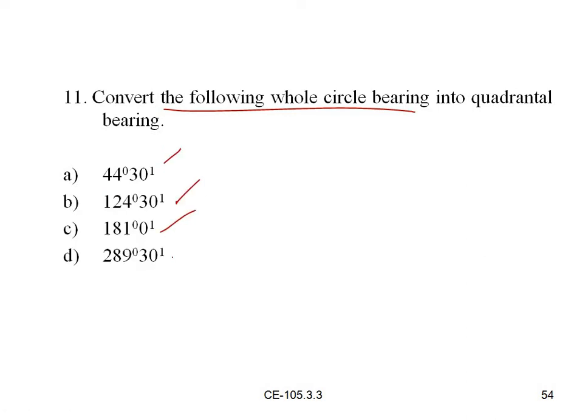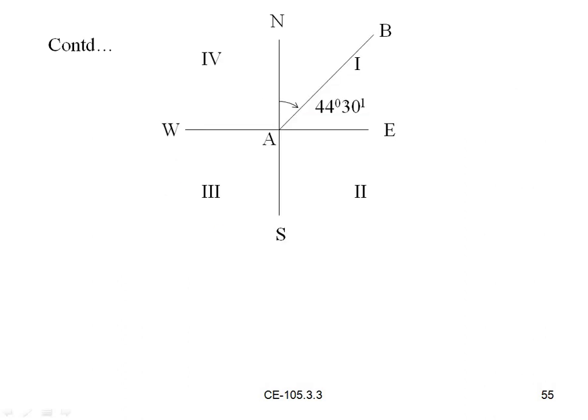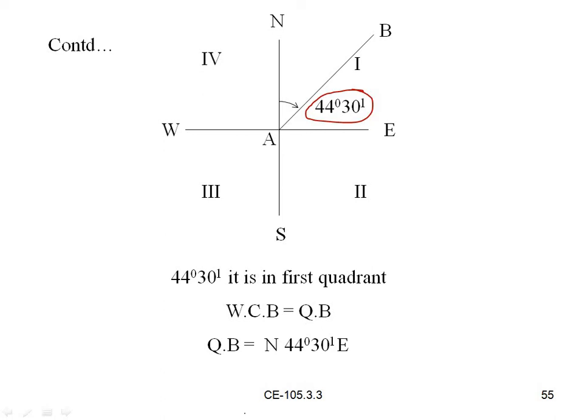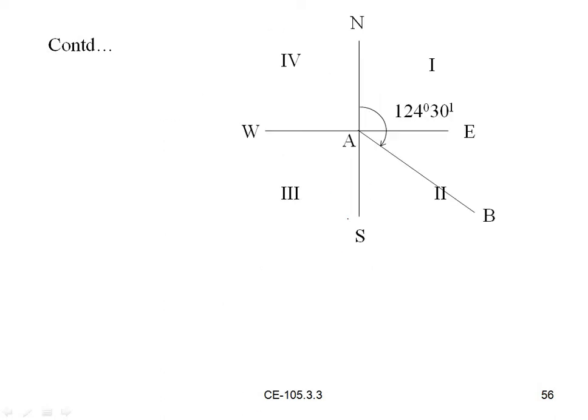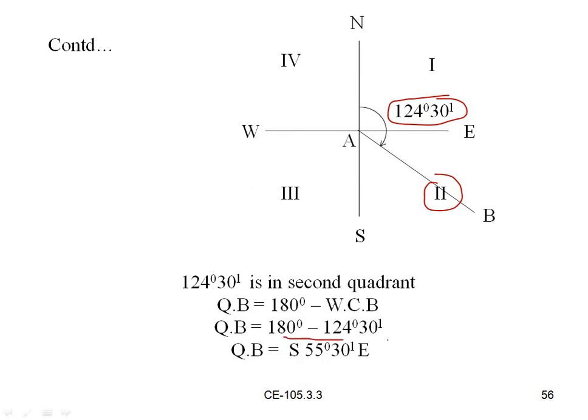So next one, 11th example: 44 degrees 30 minutes, 124 degrees 30 minutes, 181 degrees 0 minutes, 288 degrees 30 minutes. So here 44 degrees 30 minutes is called northeast. And 114 degrees 30 minutes is in the second quadrant, we will do minus of 180 degrees.